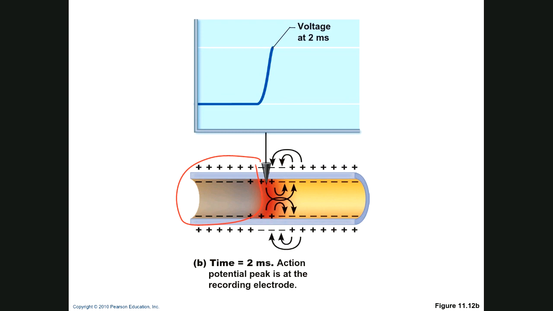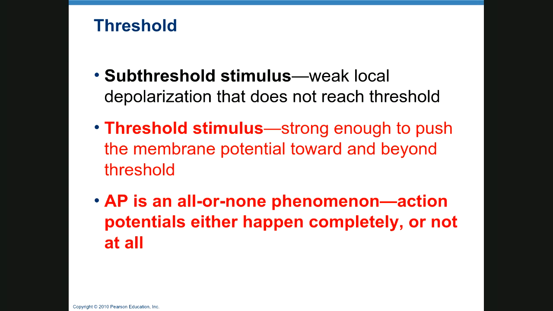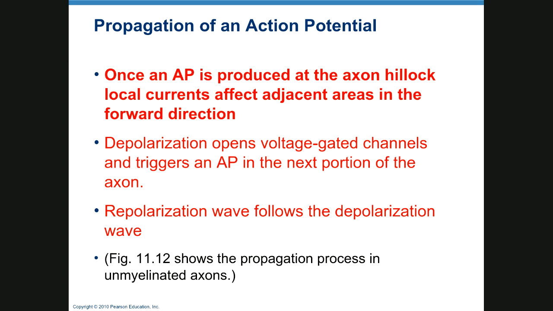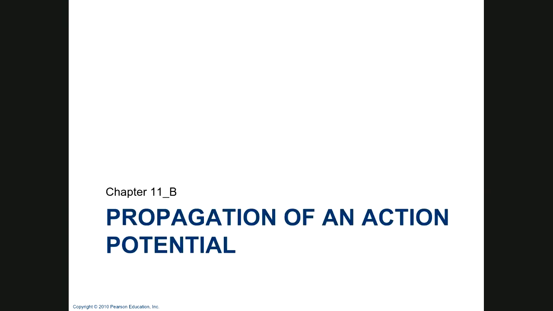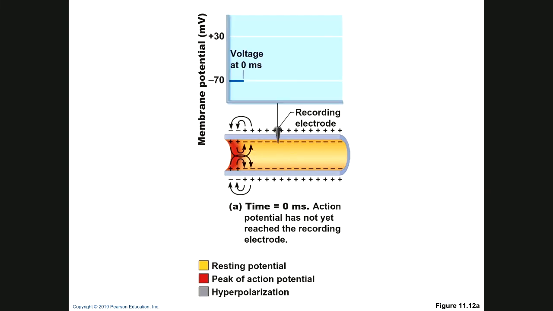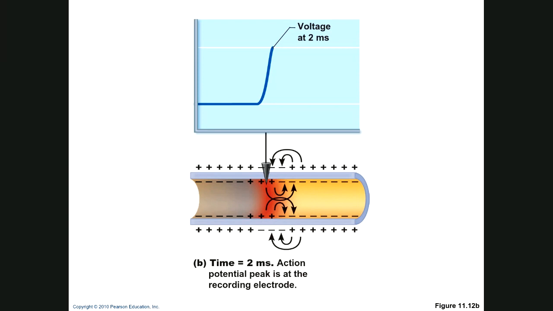The reason why this area cannot experience another action potential for a little while is because at this point right here, the potential of the membrane is not minus 70 millivolts. It could be plus 30 millivolts, depending on at what point of the action potential that area is in, or it could be minus 90 millivolts. So there's not an action potential that can happen at those values.